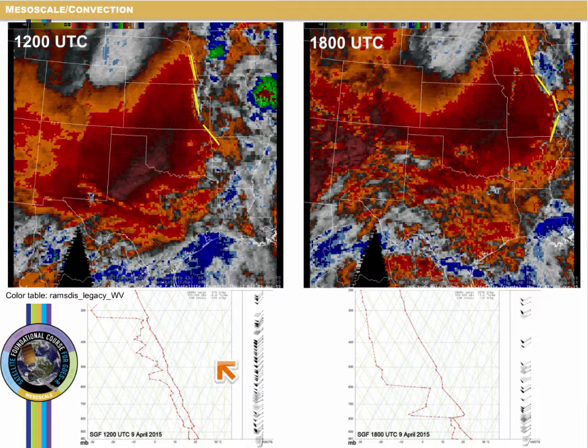There's a lack of dry air aloft and its associated steep mid-level lapse rates. In fact, the 700 to 500 millibar lapse rate is minus 6.6 degrees Celsius per kilometer. However, by 18Z, the region of warmer brightness temperatures is now over Springfield, with the eastern edge of it denoted by this yellow line in eastern Missouri.